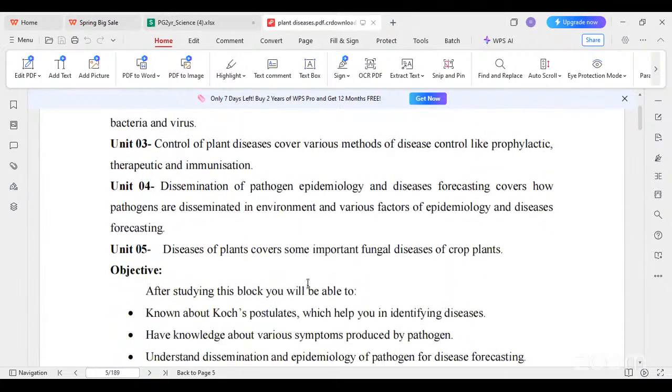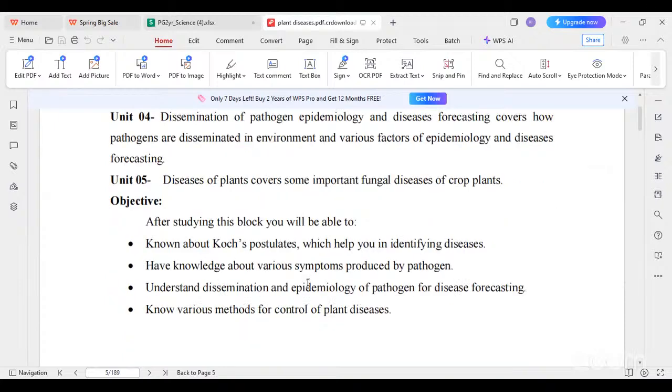Unit 4, dissemination of pathogen, epidemiology, and disease forecasting, covers how pathogens are disseminated in the environment and various factors of epidemiology and disease forecasting. Unit 5, diseases of plants, covers some important fungal diseases of croplands.